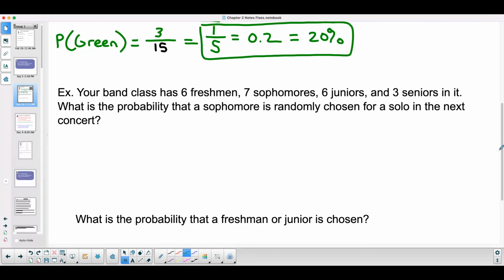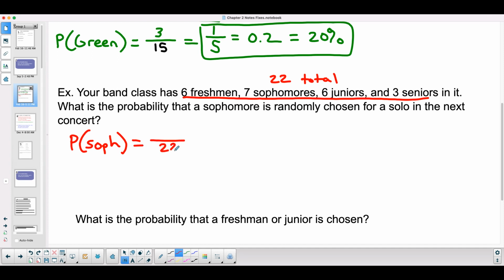Next, your band class has 6 freshmen, 7 sophomores, 6 juniors, and 3 seniors in it. So I would take all that and get a total. That's 22 total. What is the probability that a sophomore is randomly selected? P stands for probability. Inside the parentheses goes which grade we want to select. 22 goes on the bottom.